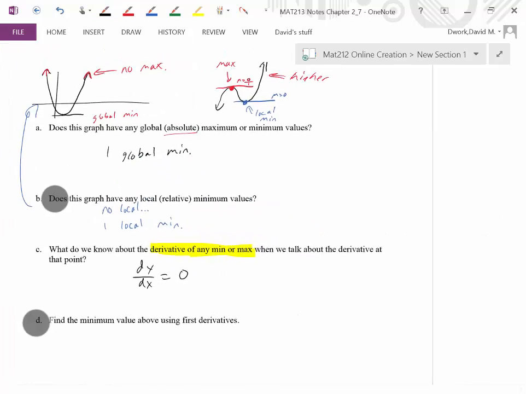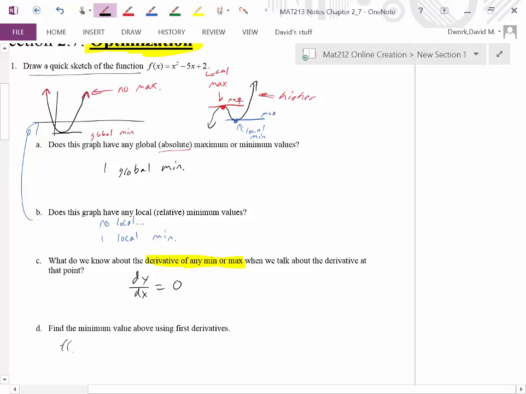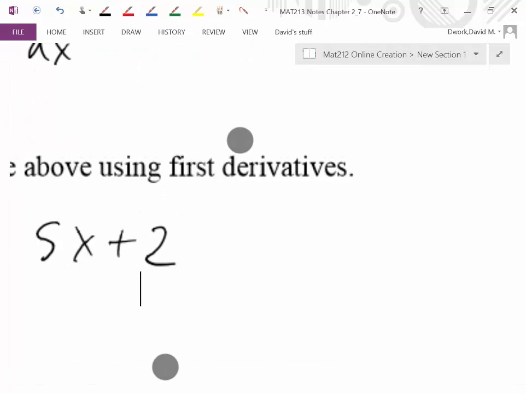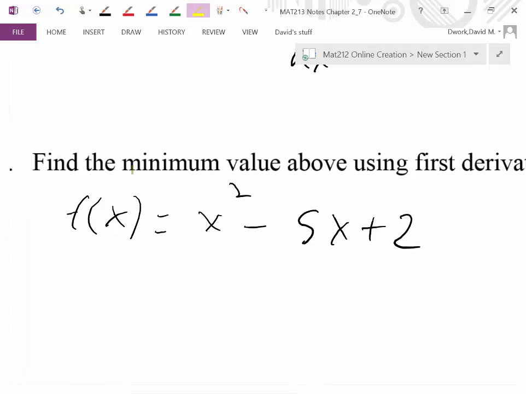So for the graph up above, f of x equals x squared minus 5x plus 2, how can we use calculus to find the minimum value?